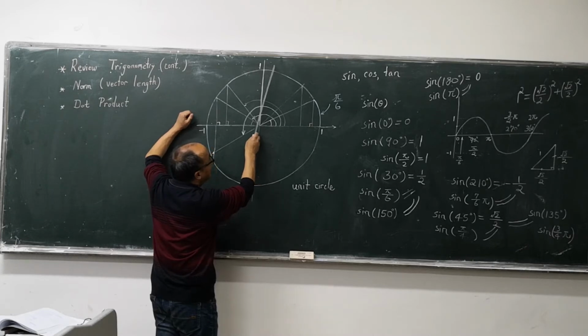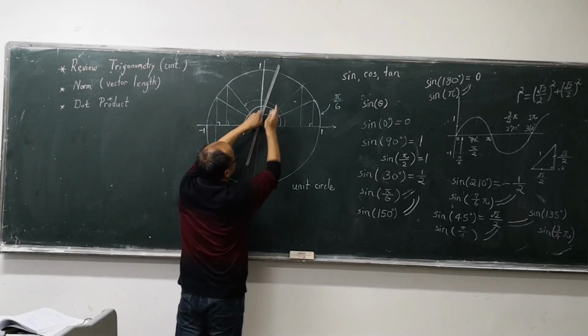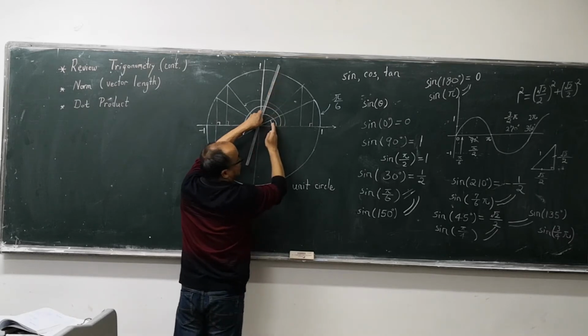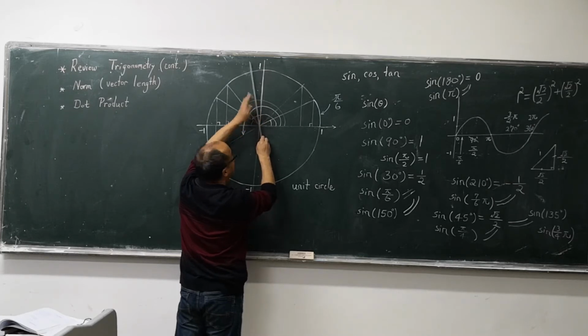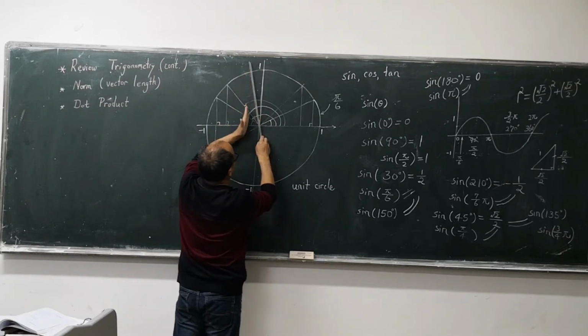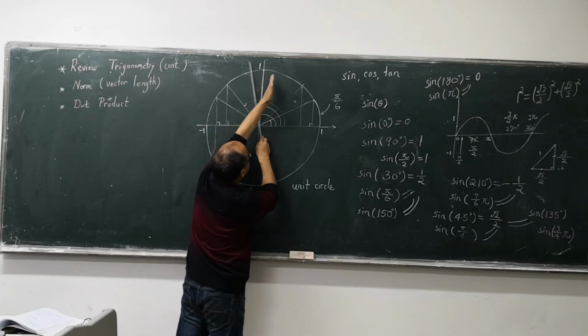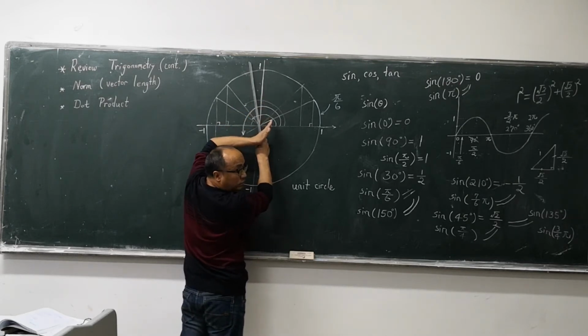Following? 89 degrees here. Let me exaggerate it. This is 89 degrees. The sine value is here. 91 degrees, the sine value is here. Here and here are equal.